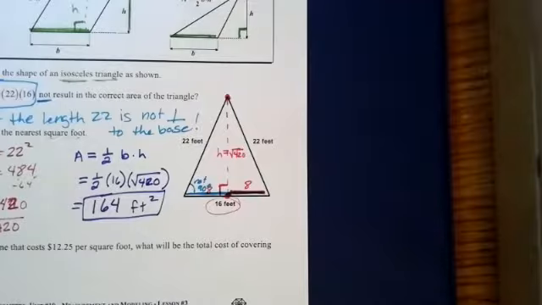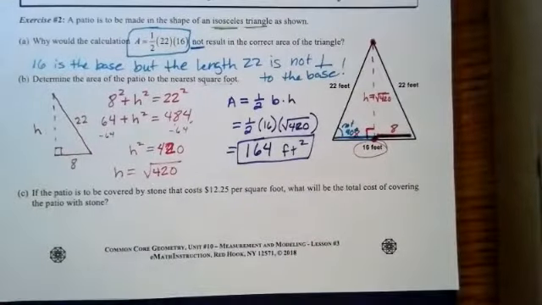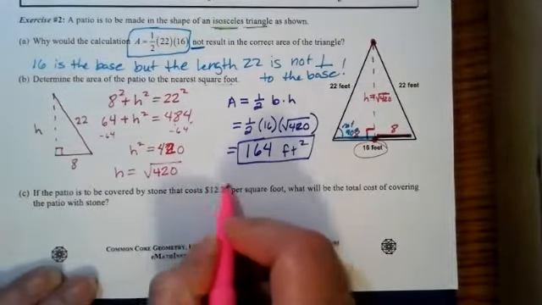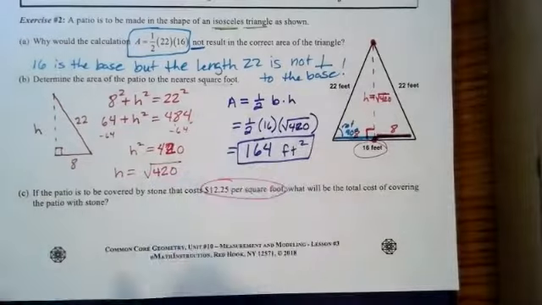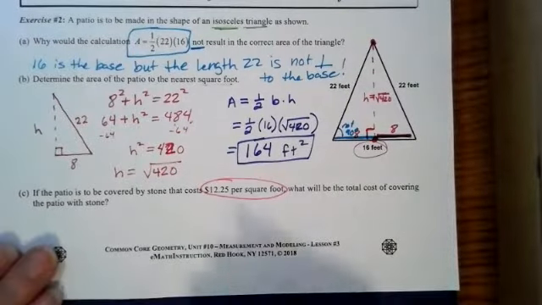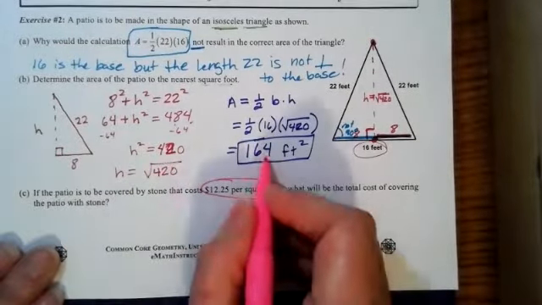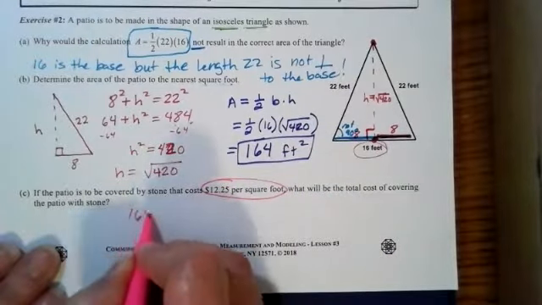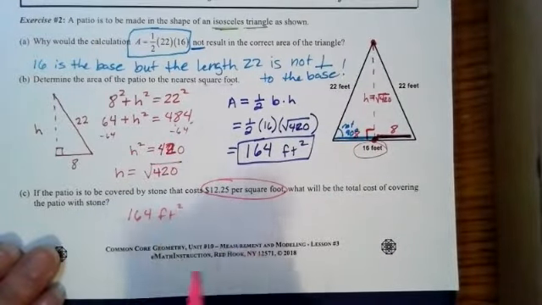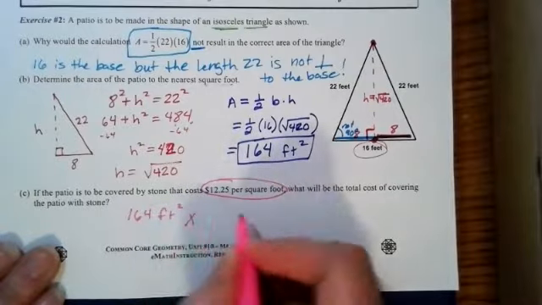Now a follow-up to that, this patio is going to be covered by some stone here in part C. The cost of that stone is $12.25 per square foot. What will be the total cost for covering the patio? We've seen these kind of problems before. Let's take the total area, 164 square feet, and we'll multiply it by the cost for each of the square feet.